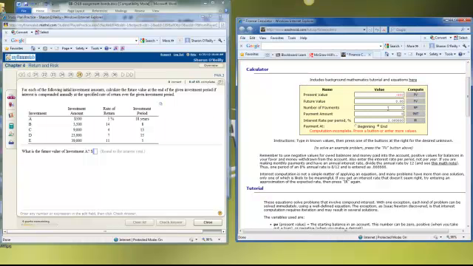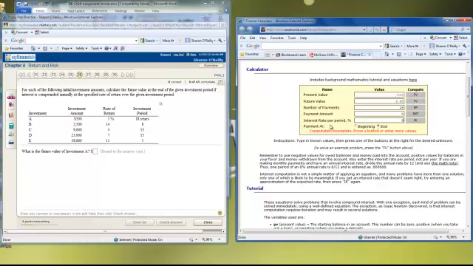Oh, excuse me, the number of payments is 18, because that also stands for the number of years. Interest rate per period is 5, and the payment is assumed to be at the end of the period. Always assume that the payment is at the end of the period unless you are specifically told that it's the beginning. It's typically at the end.